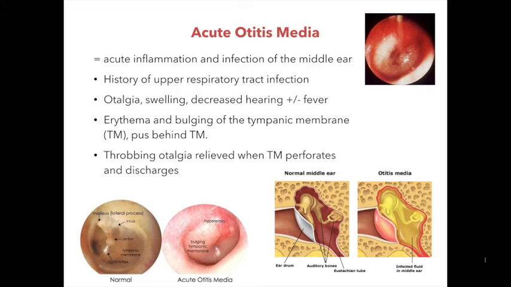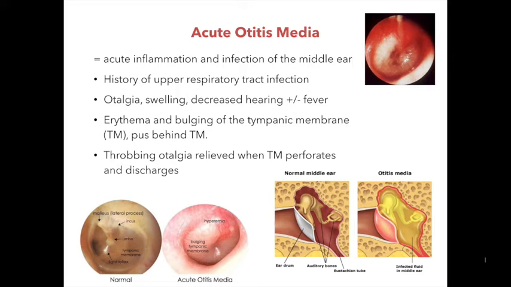It's typically associated with a history of upper respiratory tract infection, and you get severe ear pain, decreased hearing, and fever. The tympanic membrane will typically be erythematous, bulging, and sometimes you can see pus behind it, or when the tympanic membrane perforates, you can see pus coming through it and discharge coming out of the ear.